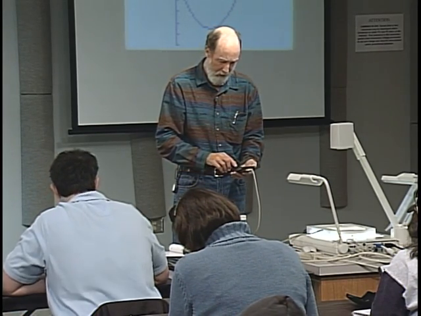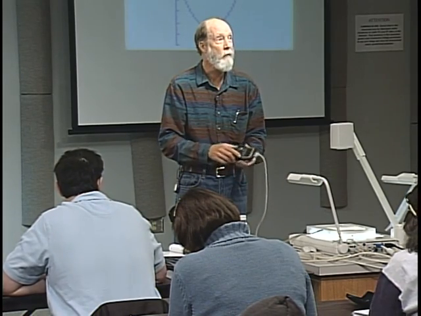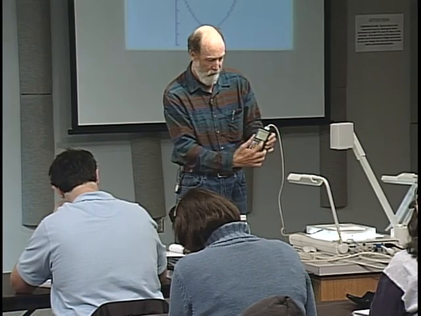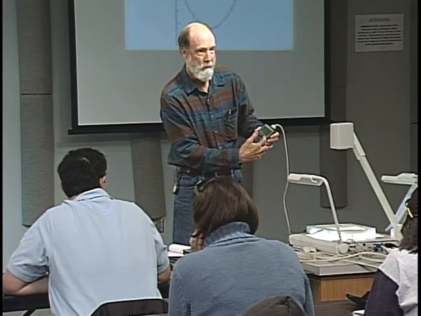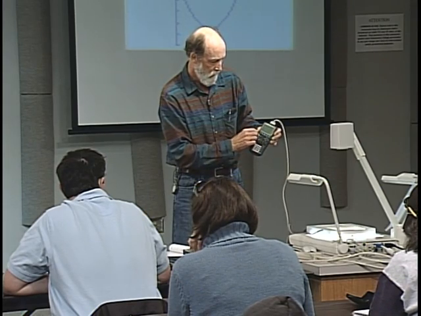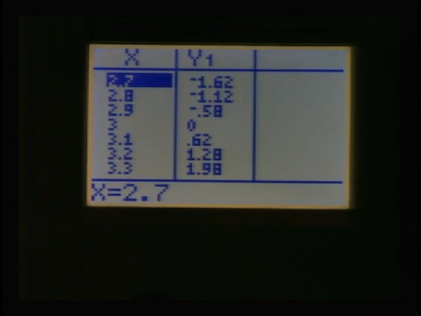And the way we do that is on our graph key on the calculator, which is in the upper right, you'll notice on the case of the calculator it says table. So you use your shift key to activate table. And I want to do table set first, though.